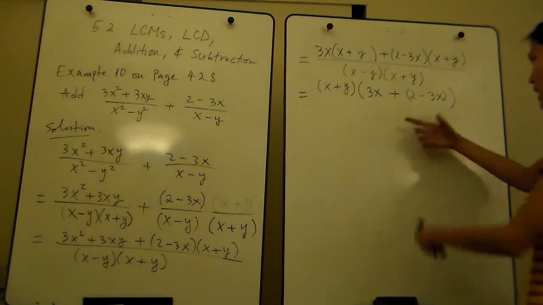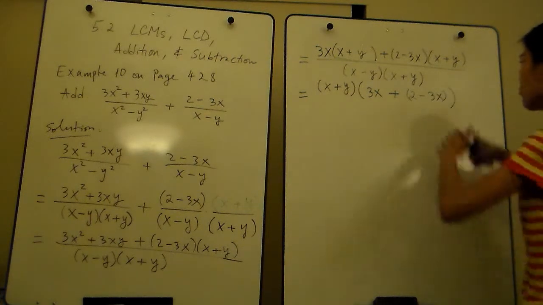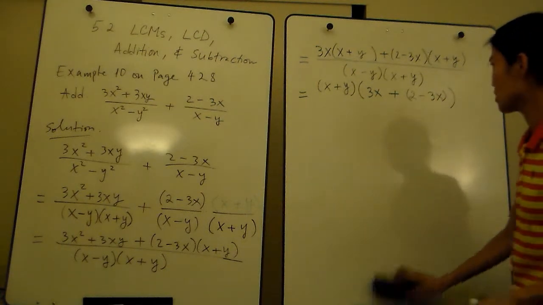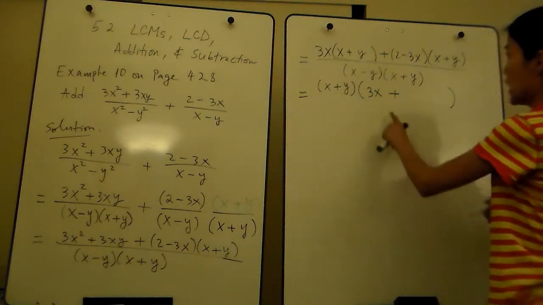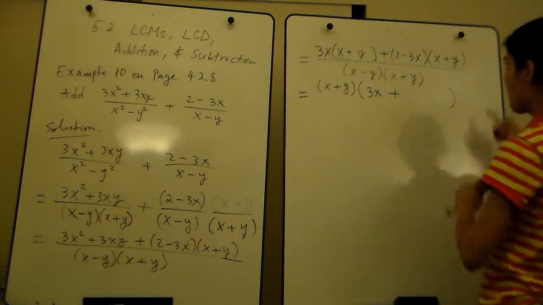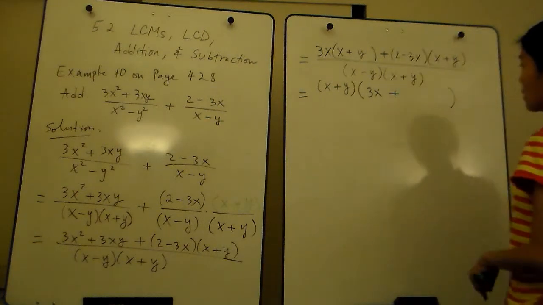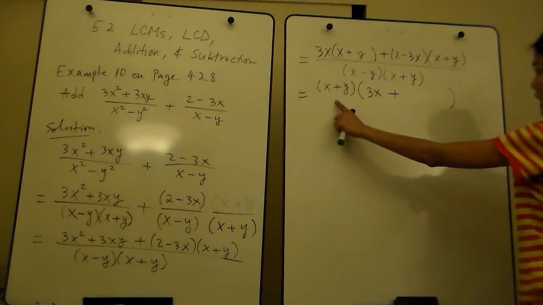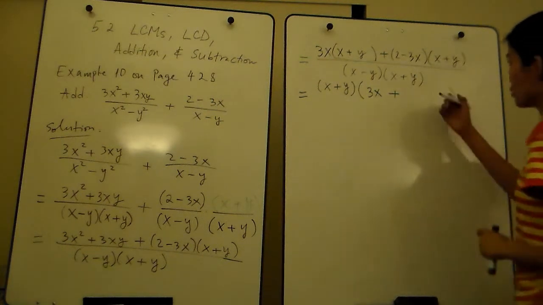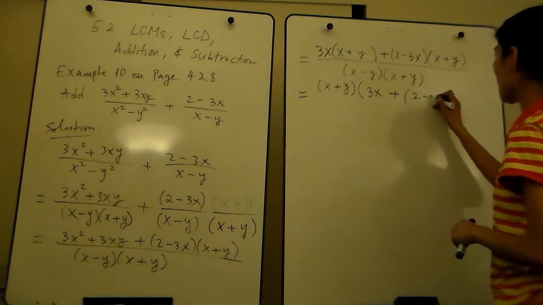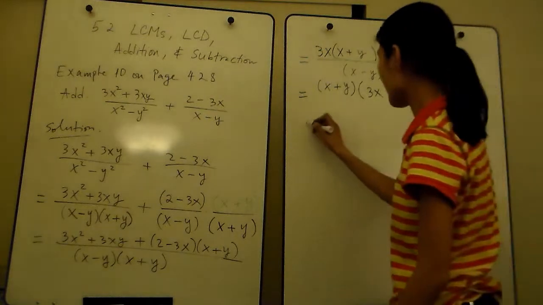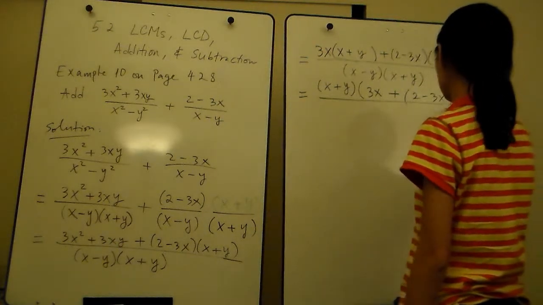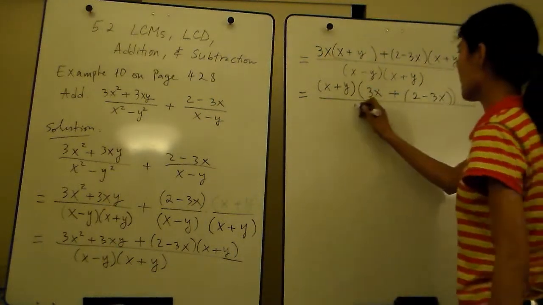If I have a plus, I can be relaxed and drop the parenthesis, but just to be safe, I always put parenthesis. Okay, so I factored out the x plus y. In the second term, x plus y is out of the way. Only 2 minus 3x remains. Now let's simplify it as much as we can. Rewriting the denominator.